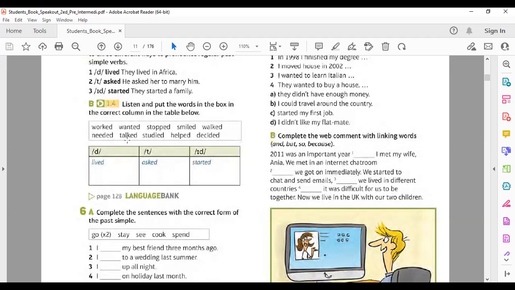So I'm gonna play for you the recording for these verbs, and I want you to listen to them well and write to me the verbs that belong to each category. Did you understand? Are you ready? Okay, so this is 1.4. Let me play it for you. Unit 1, Recording 4.